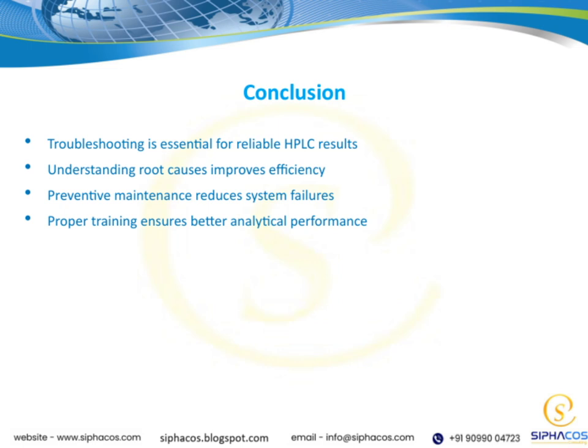Preventive maintenance plays a crucial role here, as it significantly reduces the likelihood of system failures and downtime. And finally, proper training is key. When everyone involved understands the system well, we see better analytical performance and more dependable results. All these points tie together to emphasize that a proactive, knowledgeable approach is essential for optimal HPLC operation and data quality.